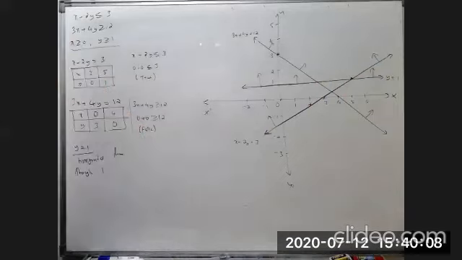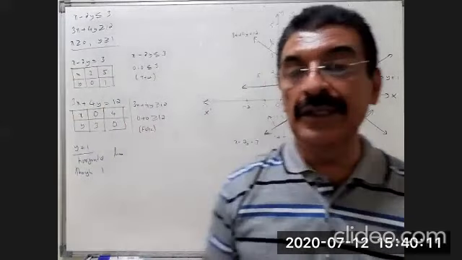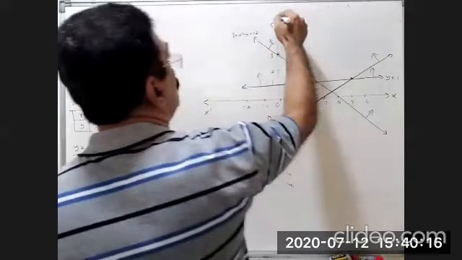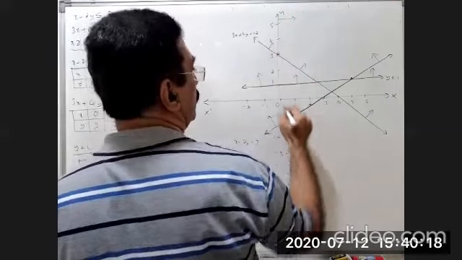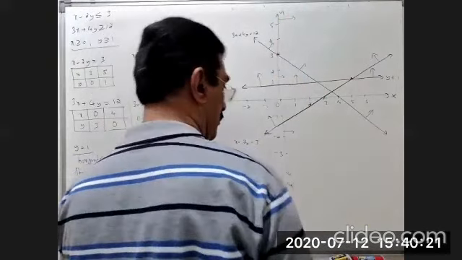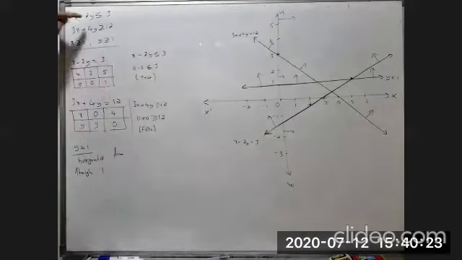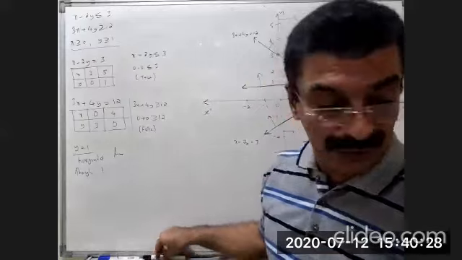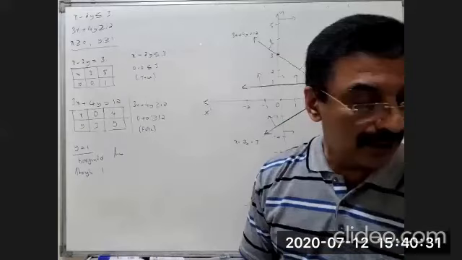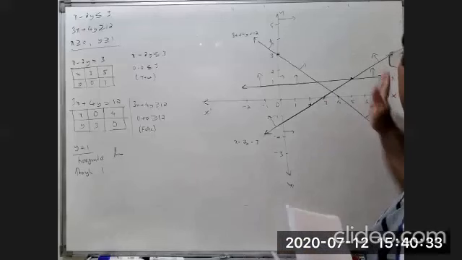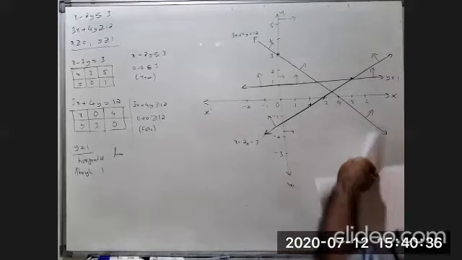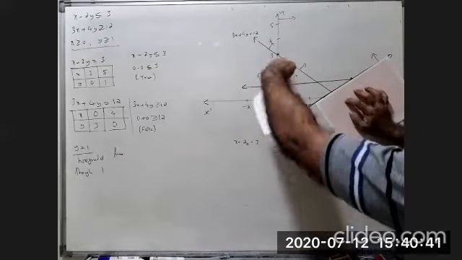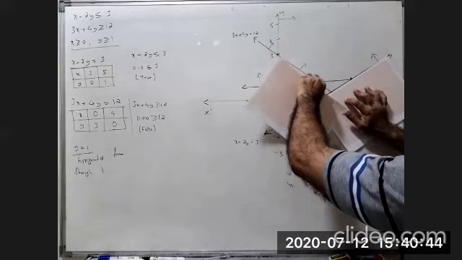Also, x greater than 0. X is equal to 0 is the y axis. X greater than 0 means towards the right of the y axis. So we have 1, 2, 3, 4 boundaries. We have 4 boundaries for this. First one, I am covering the unbounded area. Second one, again I covered the unbounded area.